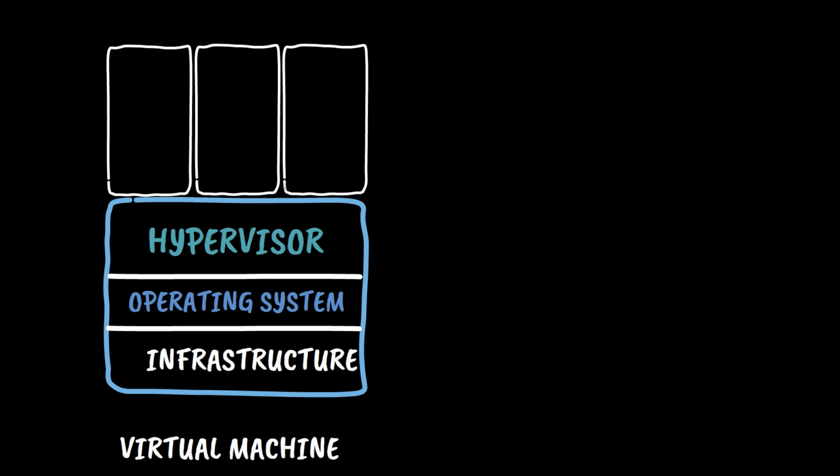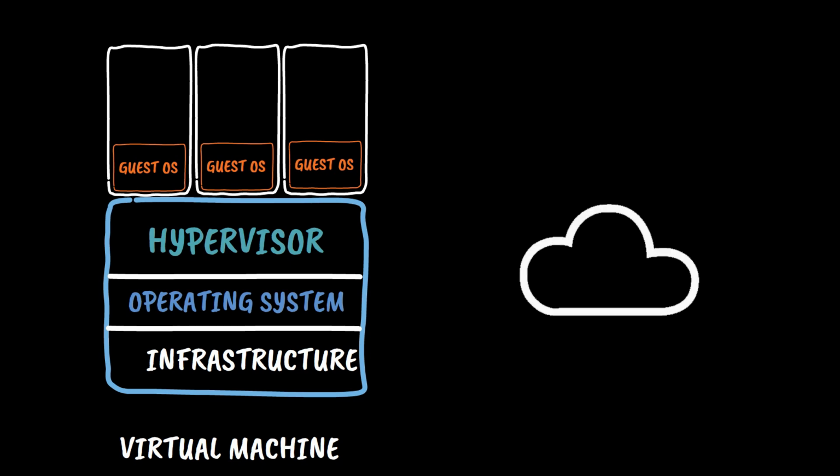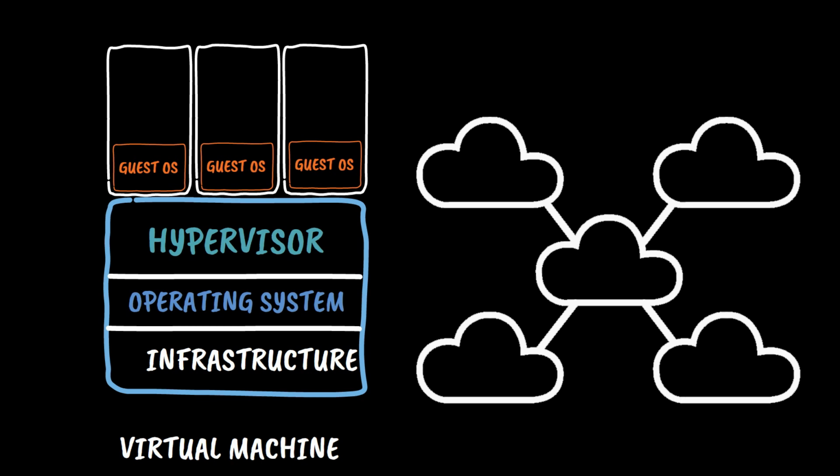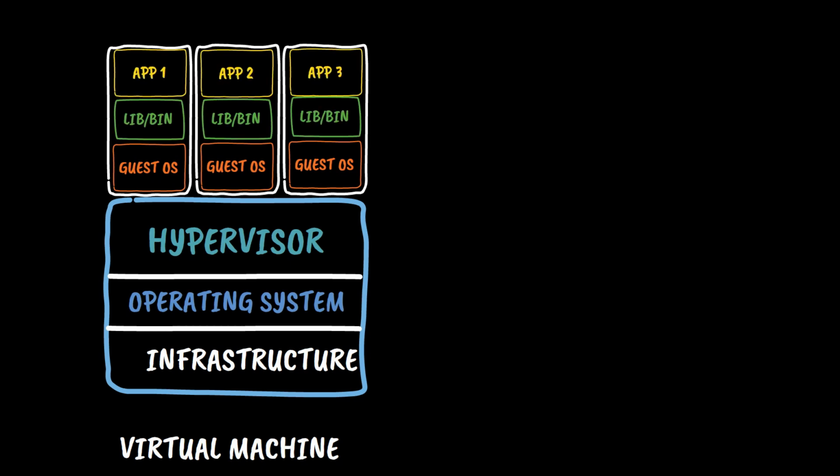When you request provisioning a virtual machine through a cloud console, it lets you provision a guest VM on top of the hypervisor. But at the same time, other users and organizations are also using the same physical hardware underneath with a separate guest VM. Each user installs binaries and libraries on top of it and then their application.